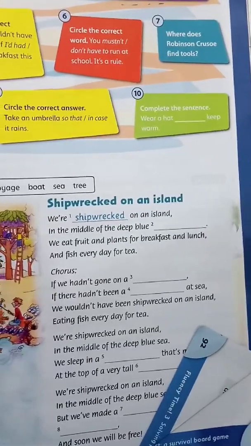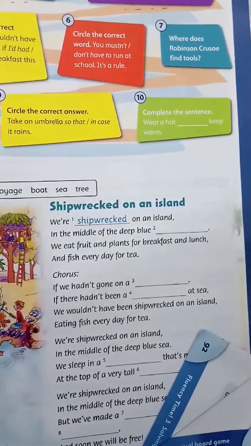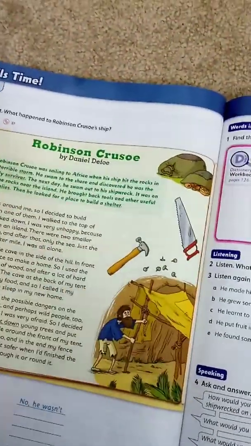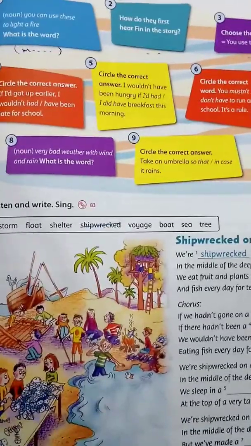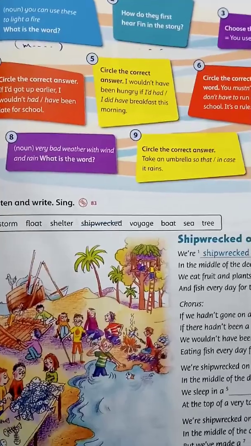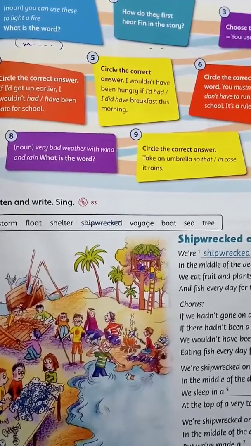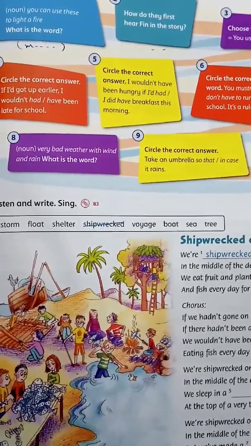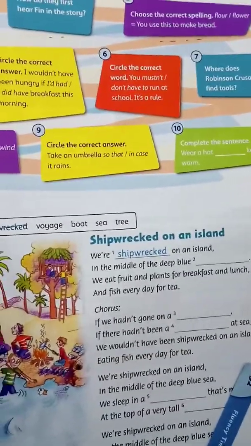Number 7. Where does Robinson Crusoe find tools? You have to read this story about Robinson Crusoe and then answer this question. Okay. Very bad weather with wind and rain. What is the word? What do we call that? 8. Circle the correct answer.